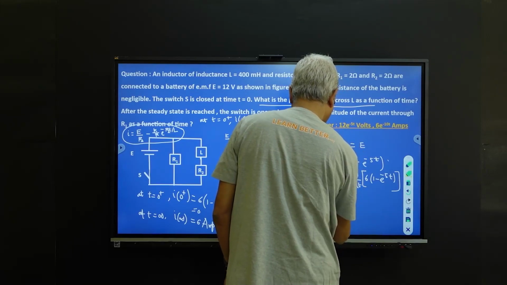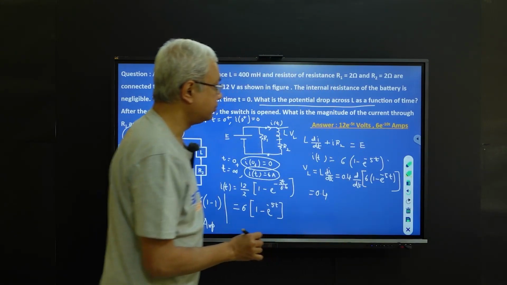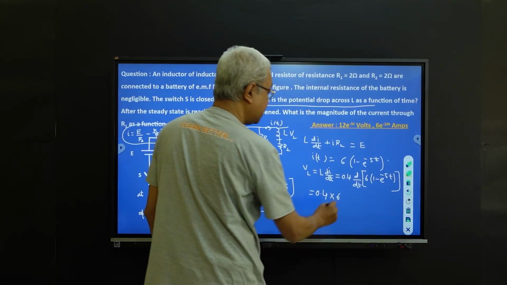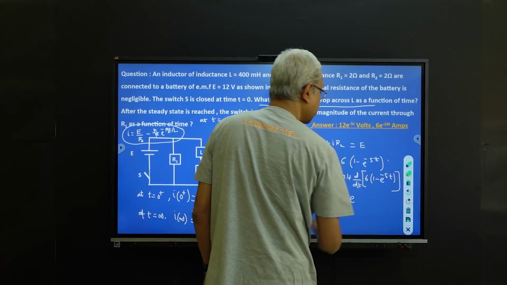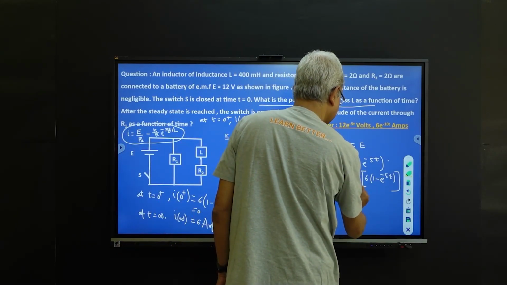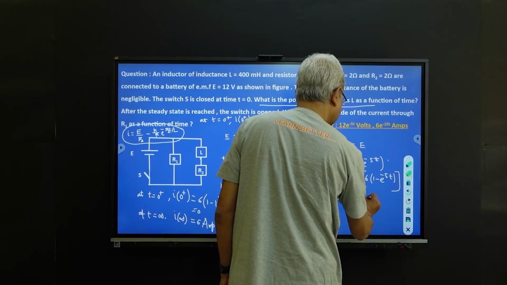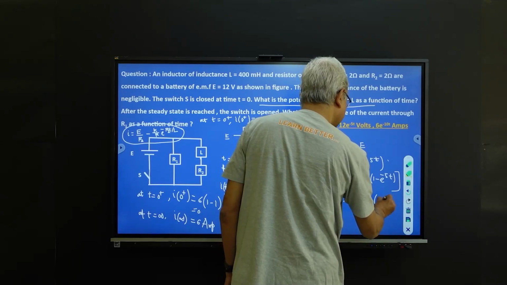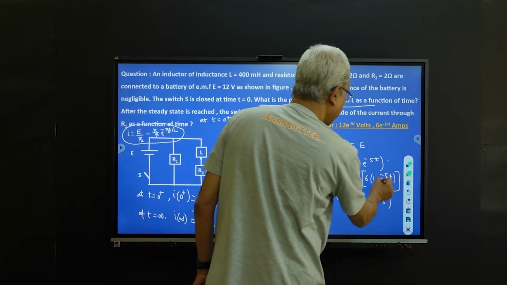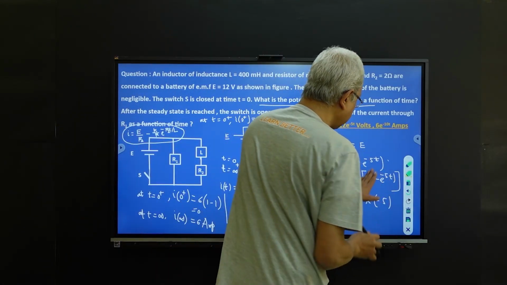So it is 0.4 multiplied by 6 multiplied by e to the power minus 5t multiplied by negative 5, and there will be another negative sign because the 1 is constant.